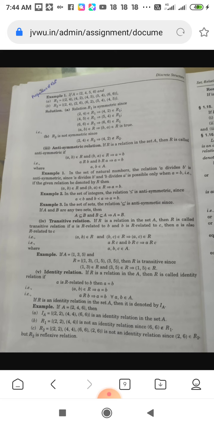In reflexive, other elements are considered, and in identity no consideration is there for other elements.